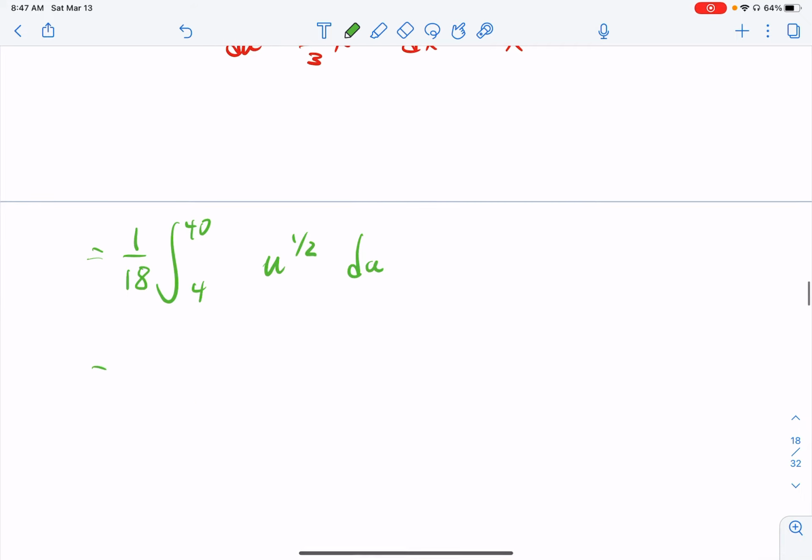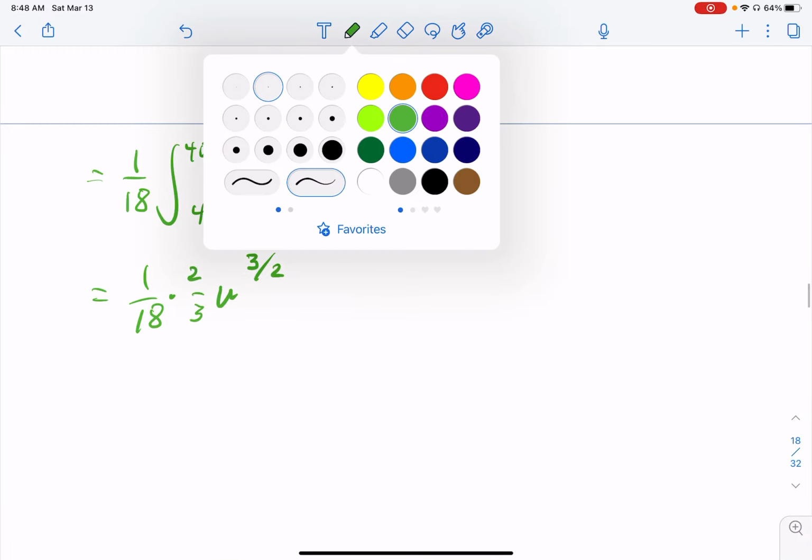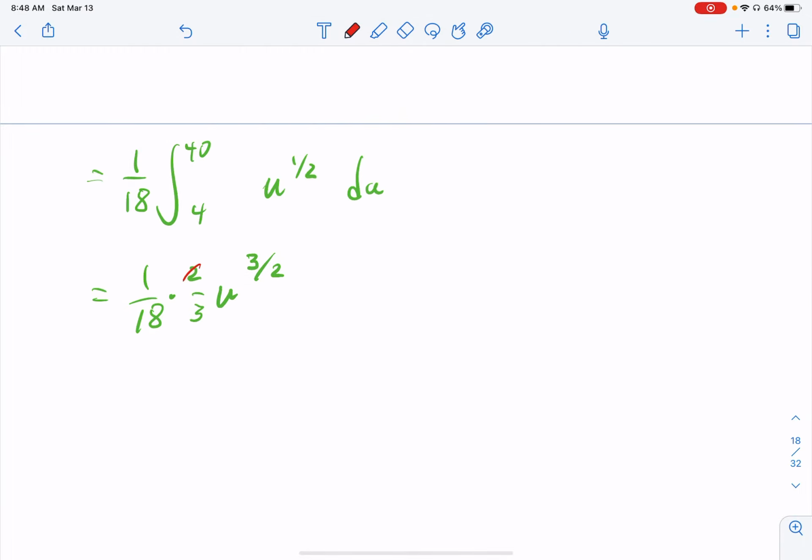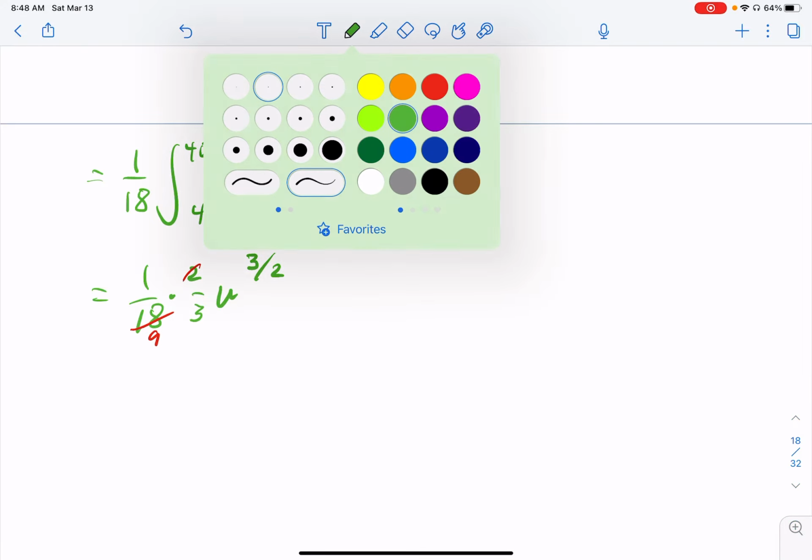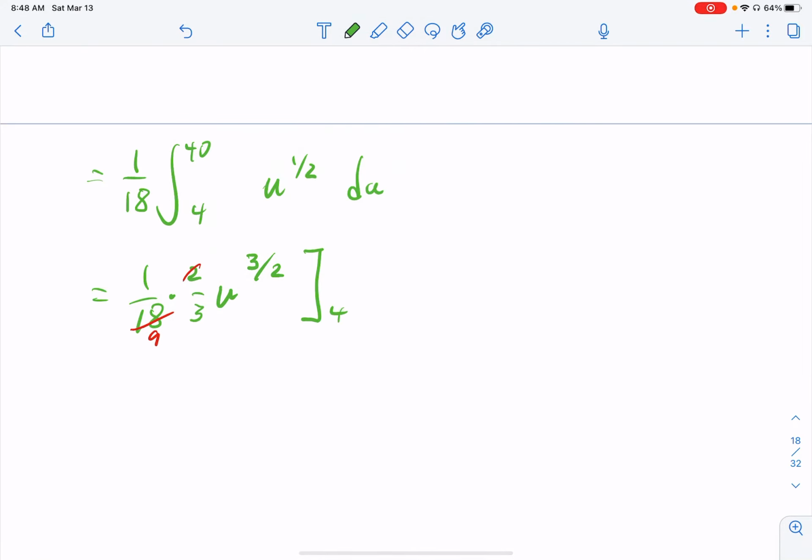Take its antiderivative: 1/18, u, add 1 to that exponent, that's u to the 3/2 times 2/3. Cleaning up this fraction, that'll be 1/27. And don't forget your limits, 4 to 40.